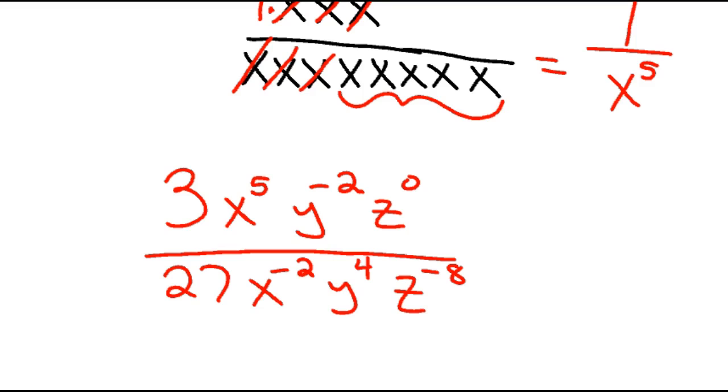So let's say we had something really wild and crazy like this. Go ahead and stop the video and see if you can simplify it. This is a little bit more advanced, or just watch me do it.